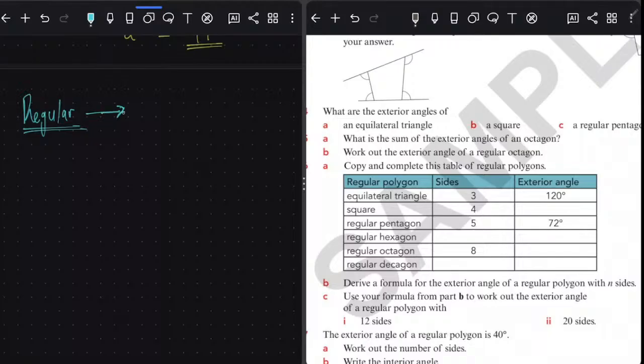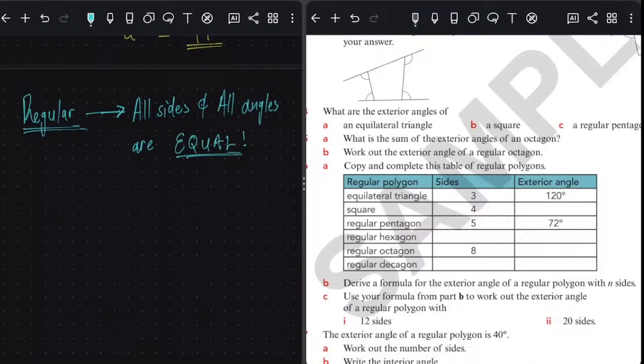When you see the word regular for shapes in maths, what does it mean? It means all sides and all angles are equal.